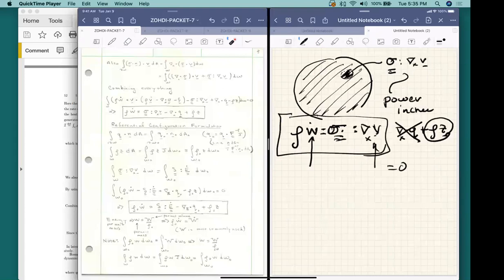It's not going to have any stored energy because it's not actually got a gradient in its velocity. Every point has the same velocity. There's no gradient of the velocity. So that's the first important thing to understand, that the body itself is not having any gradient of the velocity. Therefore, this term here would end up being zero.